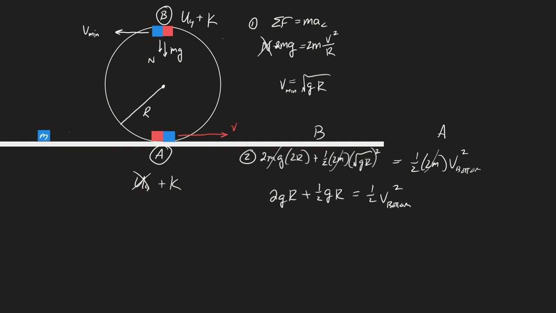So here's where I misspoke a little bit, but this is 5/2 gr equals 1/2 v bottom squared. So v bottom is the square root of 5gr, not 5/2. Forgot about multiplying by 2.